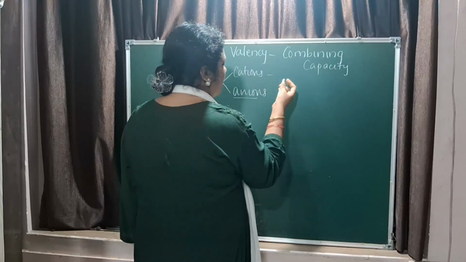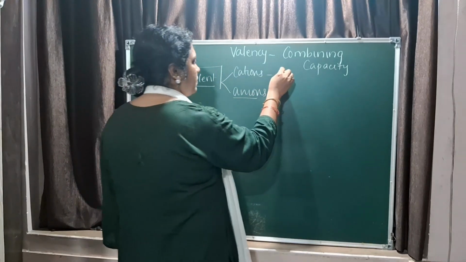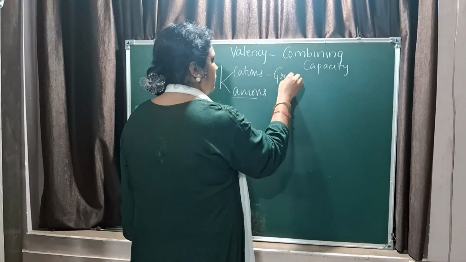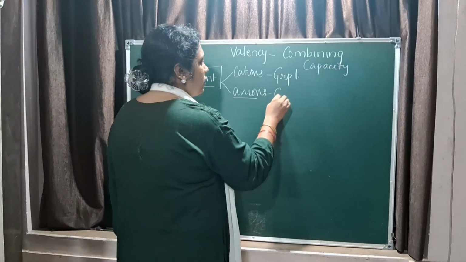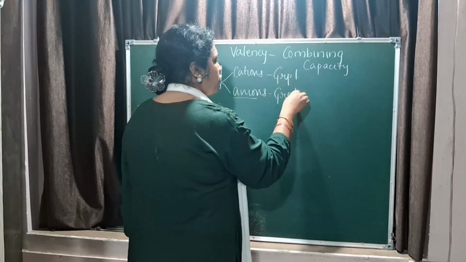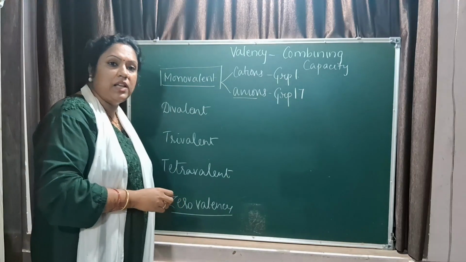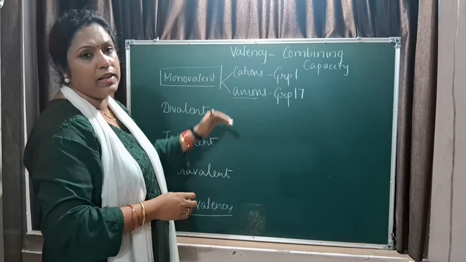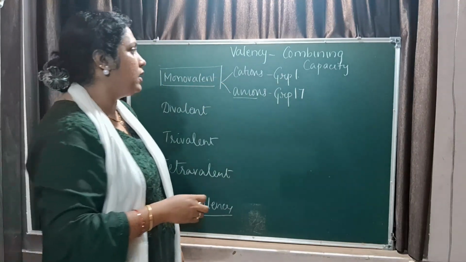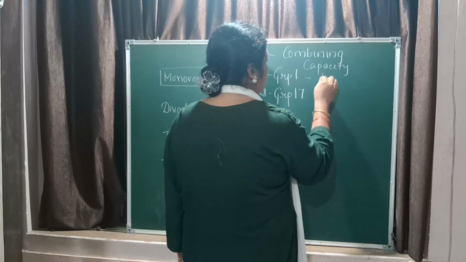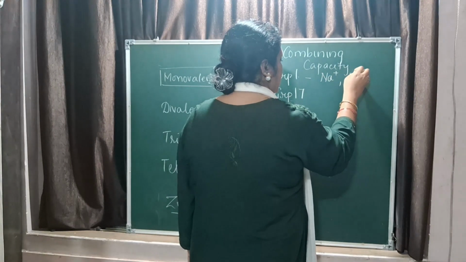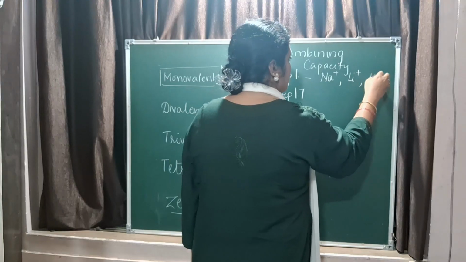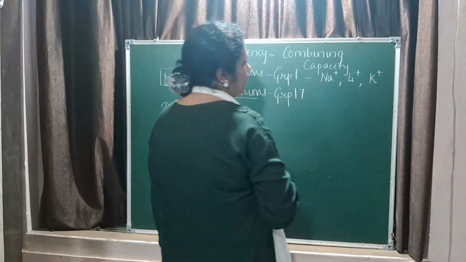Now anions I will talk about. Cations, all the metals of group 1 are monovalent, and all the non-metals of group 17, they form the cations and anions with valency 1. Like for example, sodium ion, lithium ion, potassium ion, they are the examples.